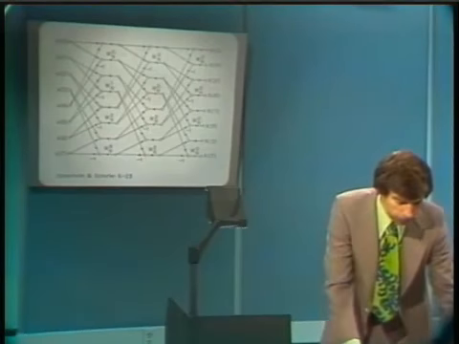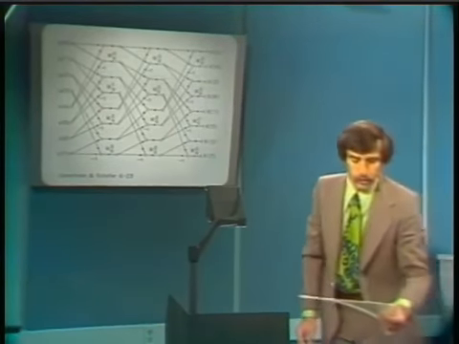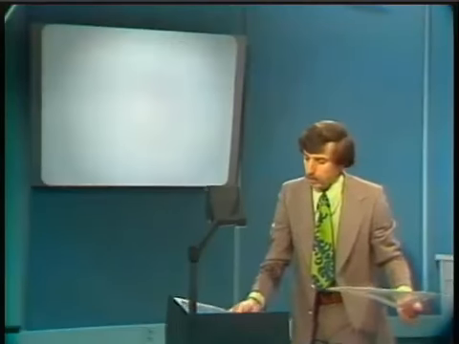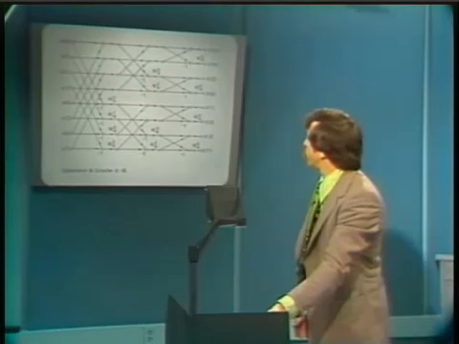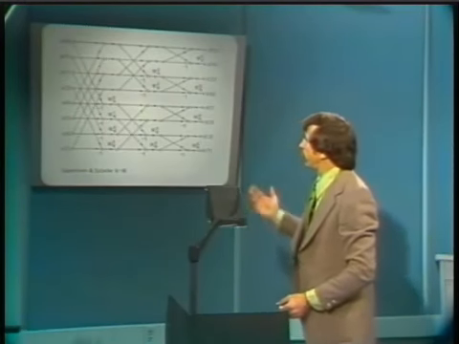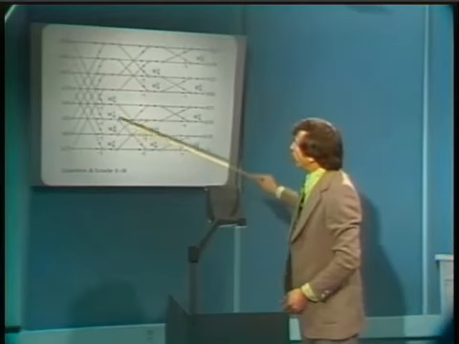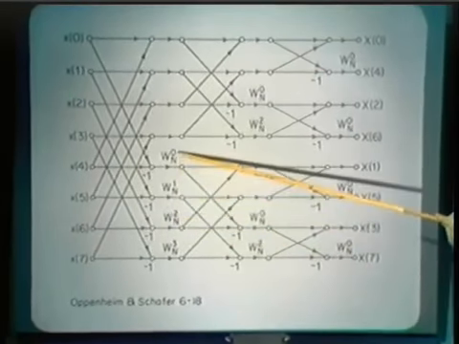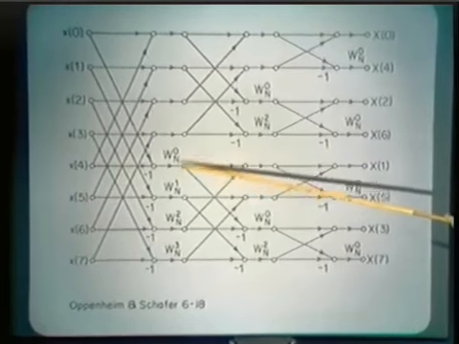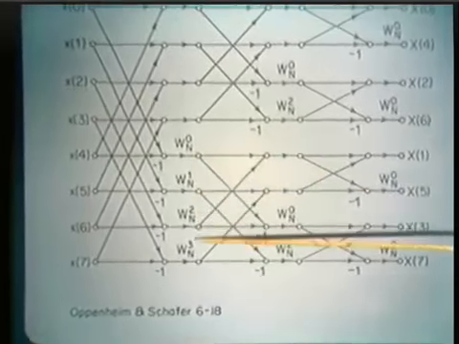For example, if we think of the decimation in frequency form of the algorithm, here is the decimation in frequency form of the algorithm with the input in normal order and the output in bit reversed order. Notice that the powers of W that we have here occur in what looks like normal order. At least these powers are in normal order.